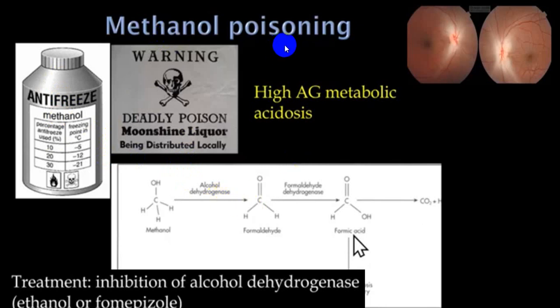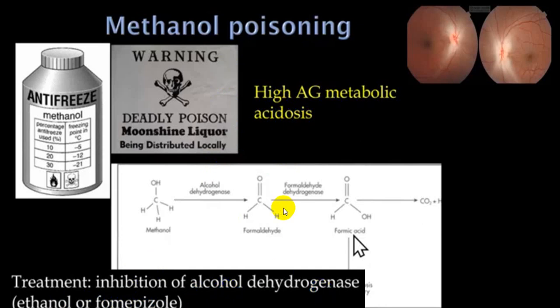That will produce methanol poisoning, because methanol will be converted into para-aldehyde, and that will produce high anion gap metabolic acidosis. Treatment is that you will have to give ethanol or fomepizole, which will inhibit alcohol dehydrogenase.